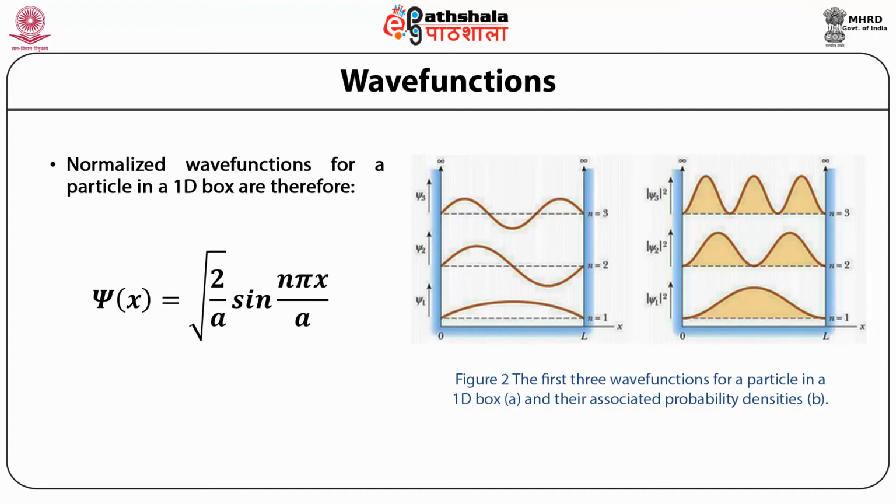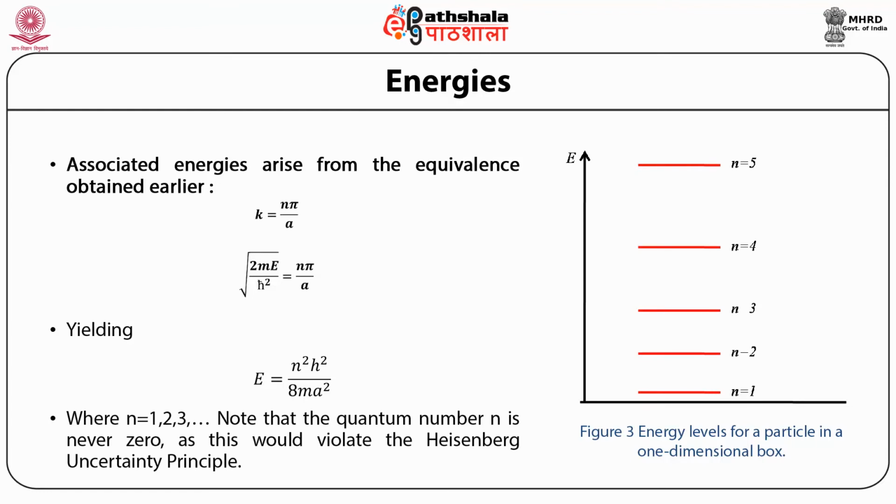As you can see over here, we have psi 1 corresponding to n equal to 1 and the probability density is psi 1 square, psi 2 corresponding to n equal to 2, psi 2 modulus square, psi 3 corresponding to n equal to 3 and the corresponding probability density is psi 3 modulus square, where n equal to 1, 2, 3 and so on.